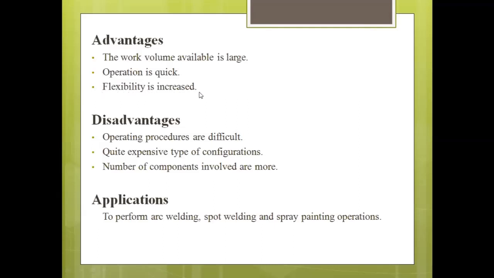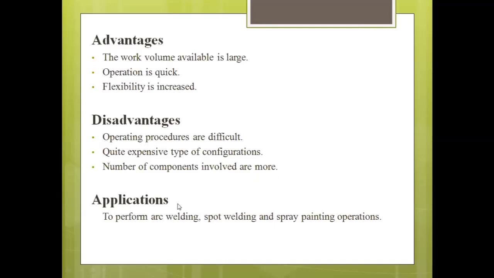Coming to the disadvantages, operating procedures are difficult compared to other configuration robots. The next disadvantage is that it is quite an expensive configuration. The third is that the number of components involved is more.